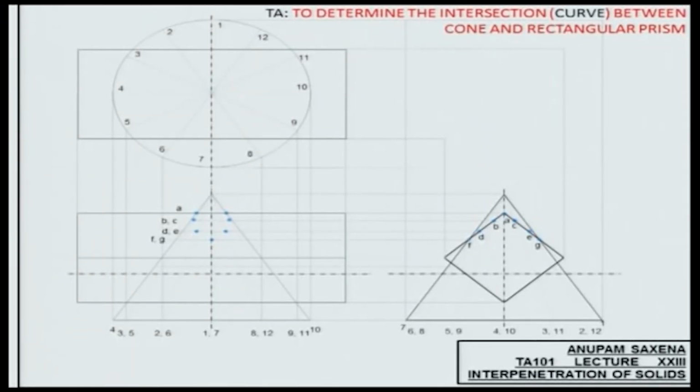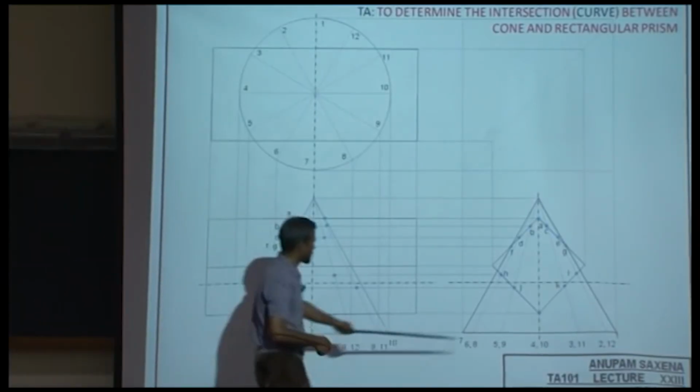So keep following this procedure. So H and I would lie on 6, 8 and 2, 12. J and K would lie on 5, 9, 3, 11. And eventually the bottom intersection point would lie on 4 and 10.